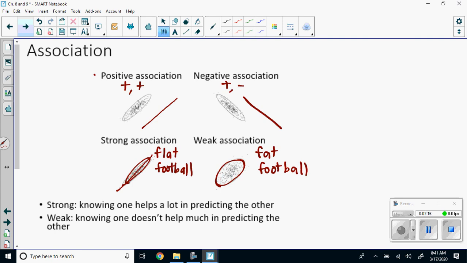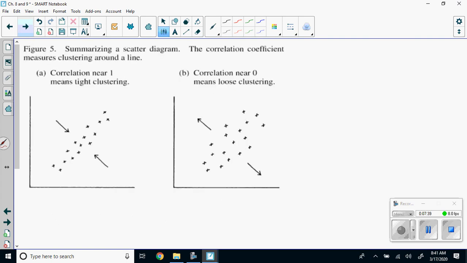With strong, knowing one variable helps predict the other variable quite a bit, versus weak, knowing one doesn't help as much with predicting the other because there's not as strong of an association. So that's the difference. That's why we're going to need to know when it's strong versus when it's weak, so we can know how to use those associations.